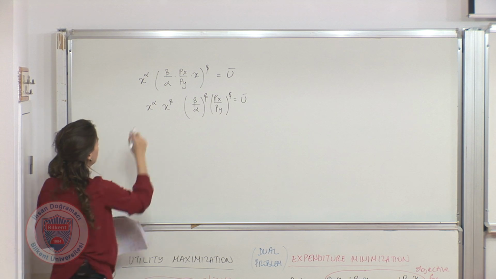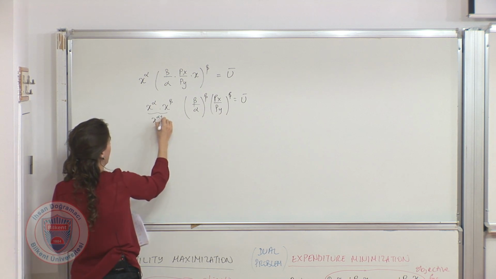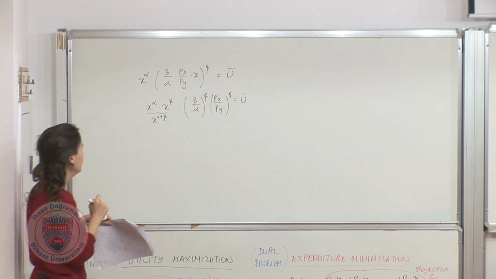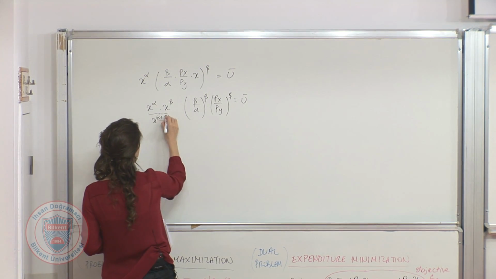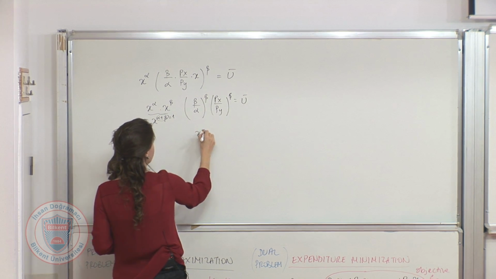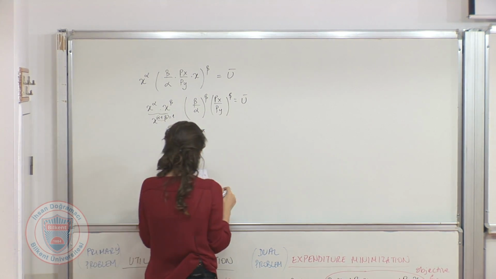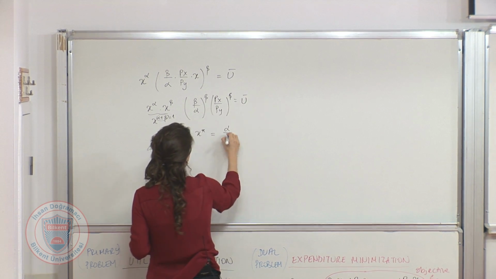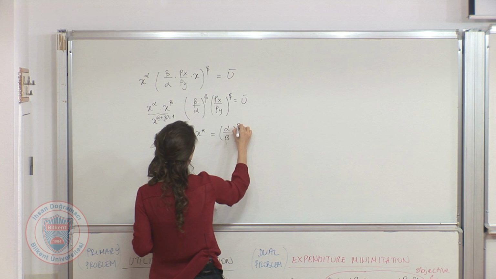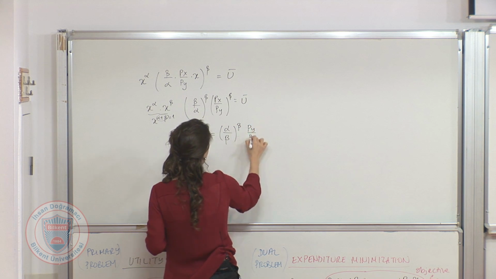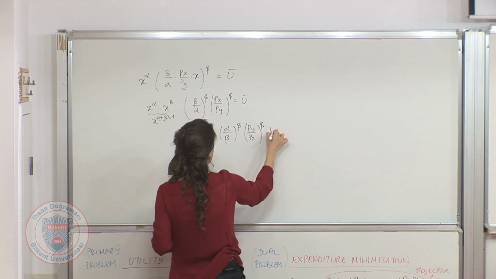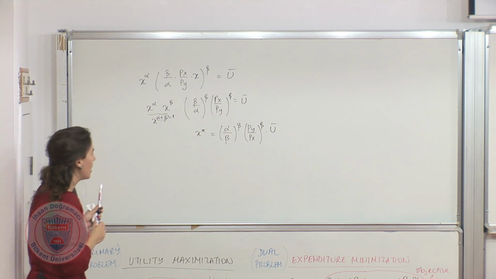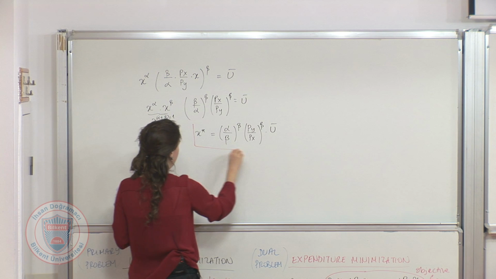I know that x to the power alpha plus beta is x to the power 1, so my x star is a function of these: alpha over beta to the power beta, py over px to the power beta, times u bar. So this is my x star.